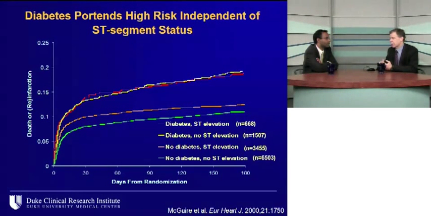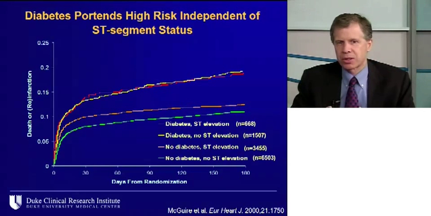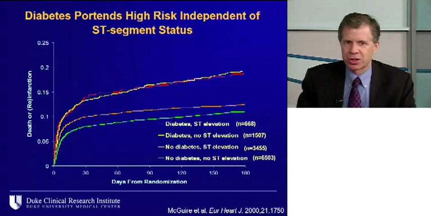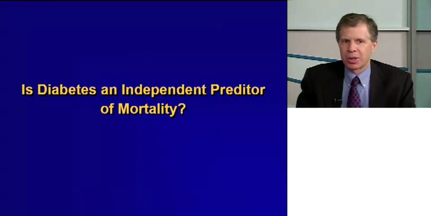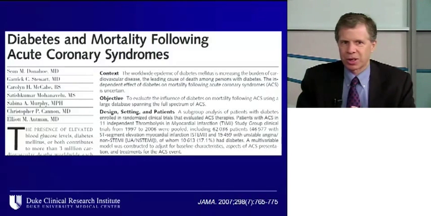So we know that with respect to outcome that the presence of diabetes is associated with a worse outcome, whether patients have ST elevation or non-ST elevation. This study back from Darren McGuire's work in GUSTO 2B. But it's less clear how strongly diabetes is an independent predictor of mortality.